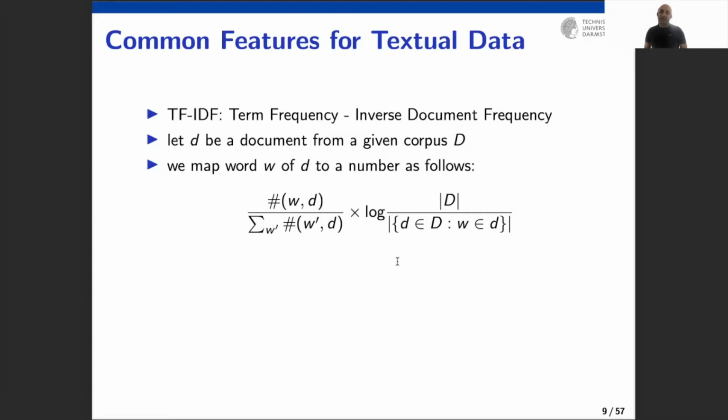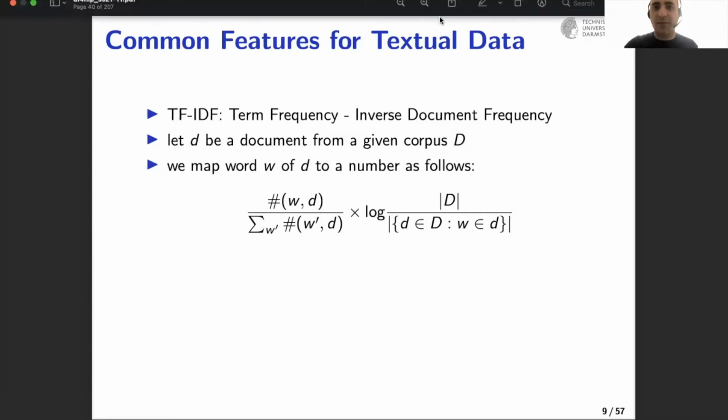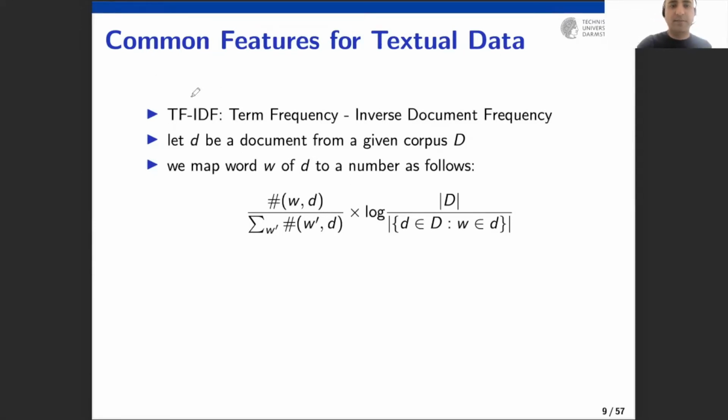Let me use my pen again because it's easier to talk about it. What we do is start counting how often a word occurs or appears in document D, and we normalize that to not get biased towards the length of the document, right?